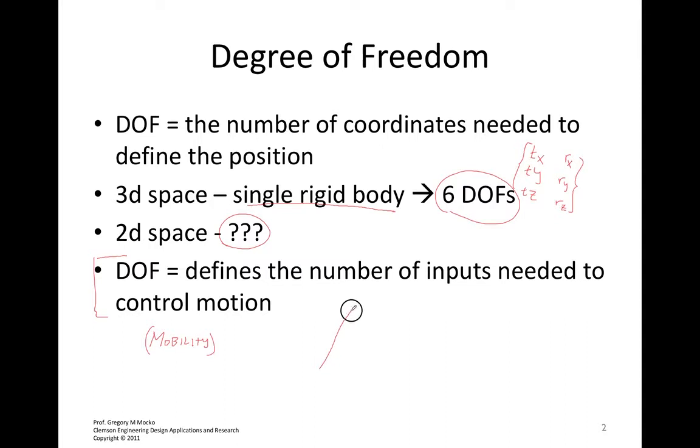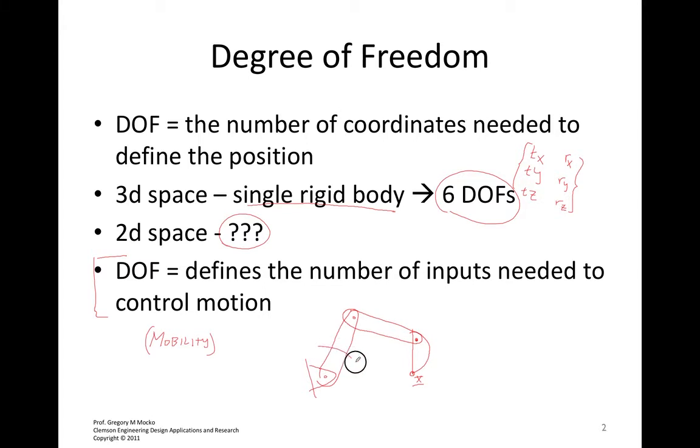A simple example here would be a very low technology backhoe, and I need to define what this point right here, x, is in space. I've got 3 degrees of freedom.